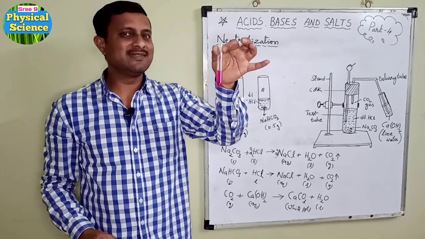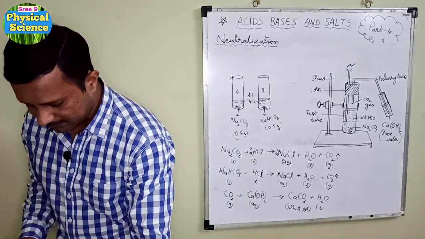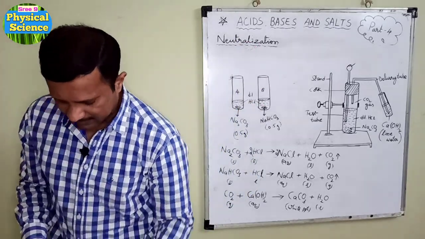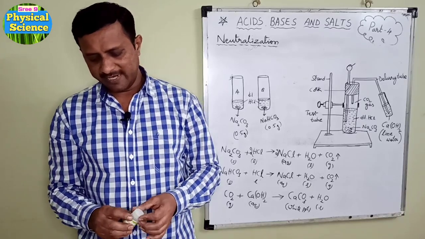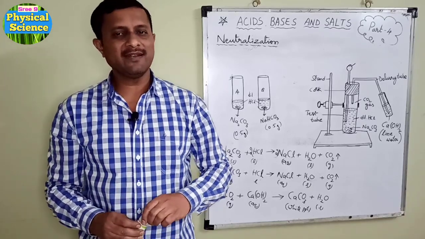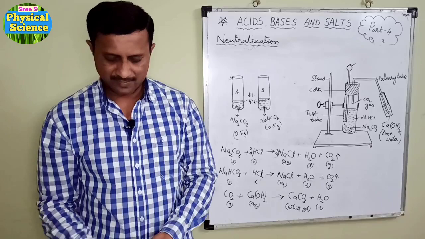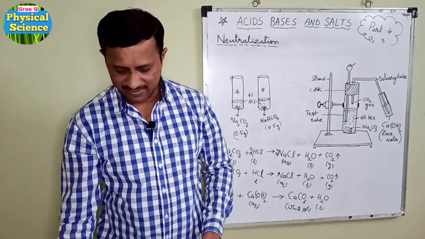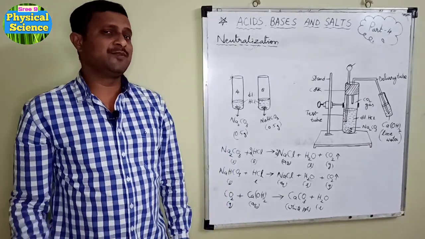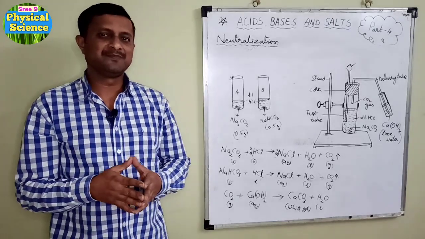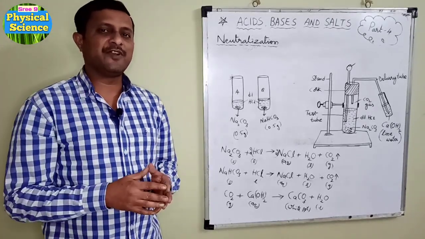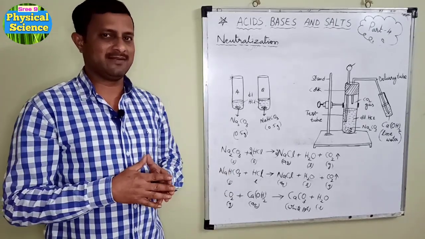Now let us discuss this reaction. So here first what we did, we have taken a base solution in a test tube. Actually in the activity it is given, we have to take 2 ml of sodium hydroxide into a test tube and add a drop of phenolphthalein, then we will get pink color.